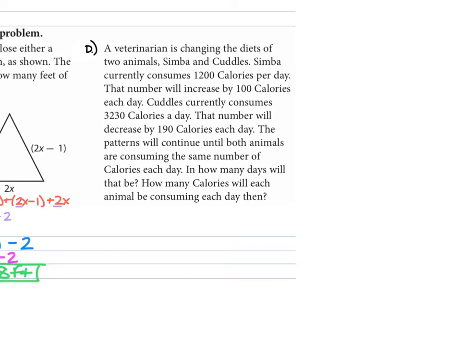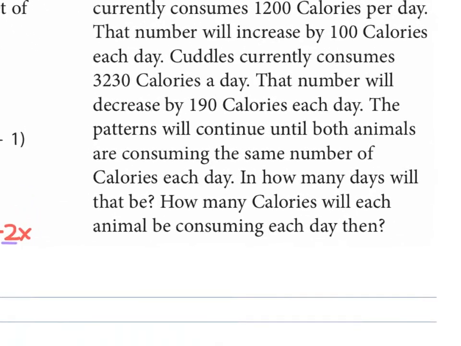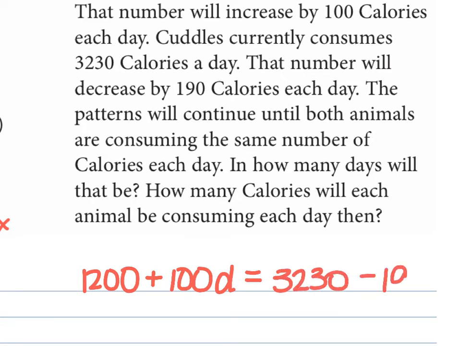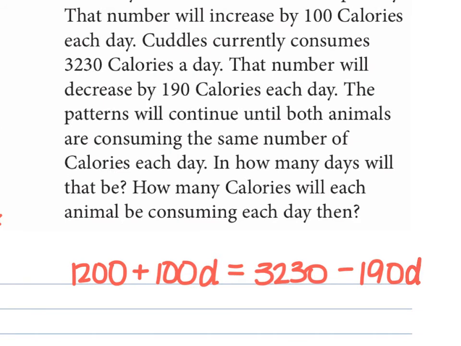So we're going to set these two equal to one another. We're going to start off with that 1,200. 1,200 plus 100 per day is equal to 3,230 minus 190 per day.